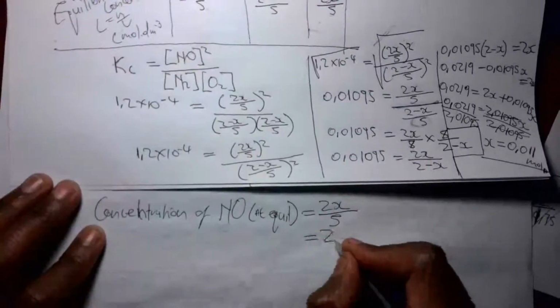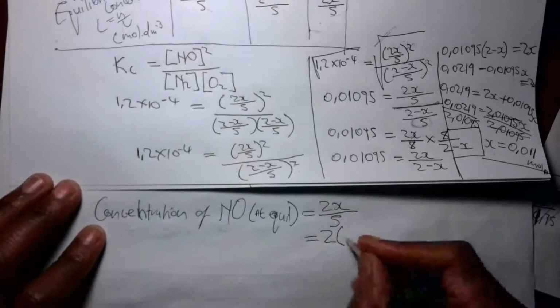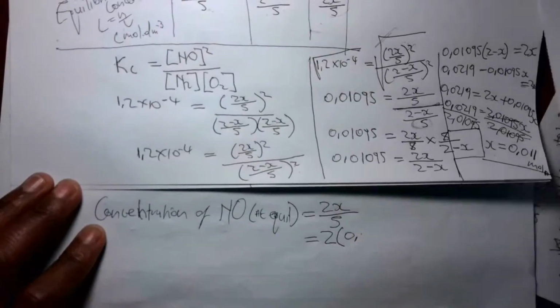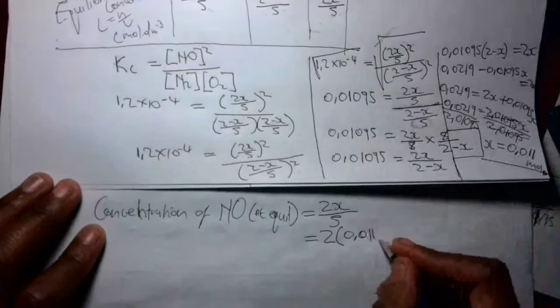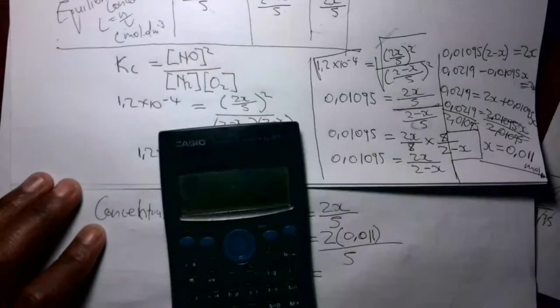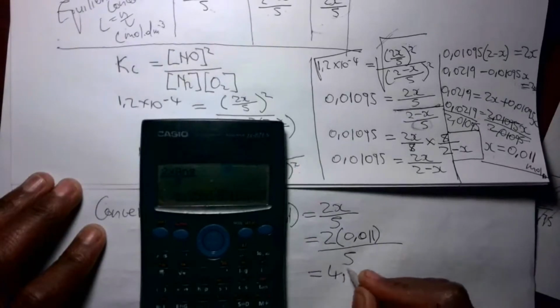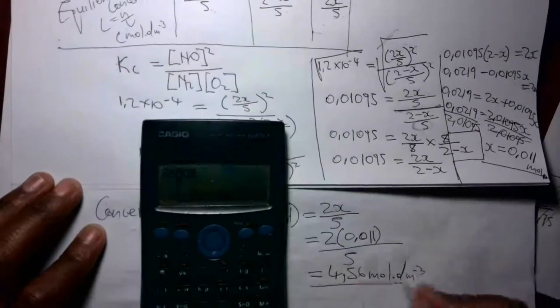So this is going to be 2 times 0,011 over 5. This is going to give us 2 times the answer divided by 5. This is going to give us 4,36 mole per decimeter cube.